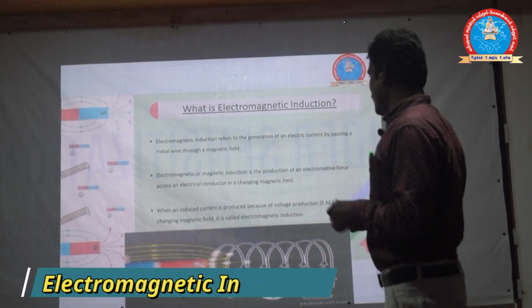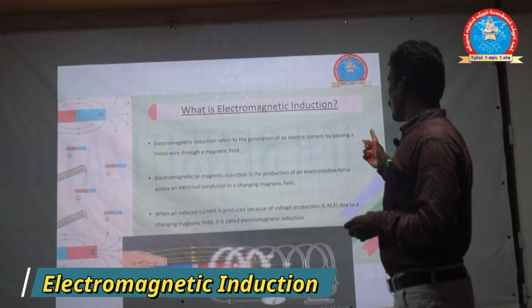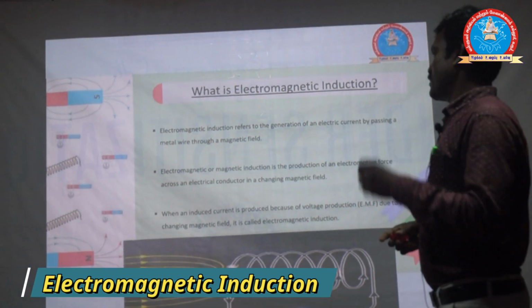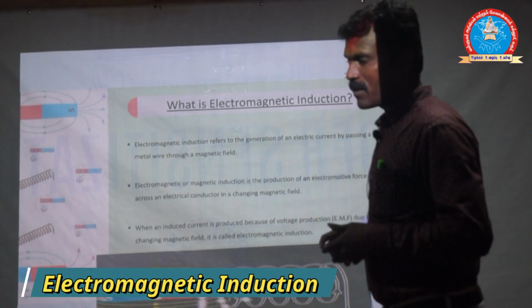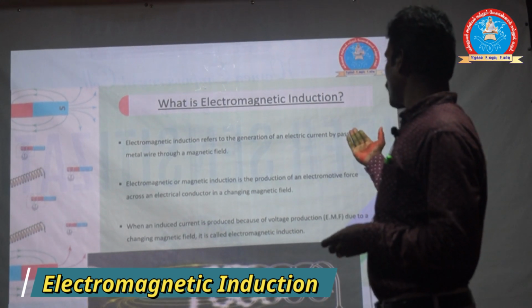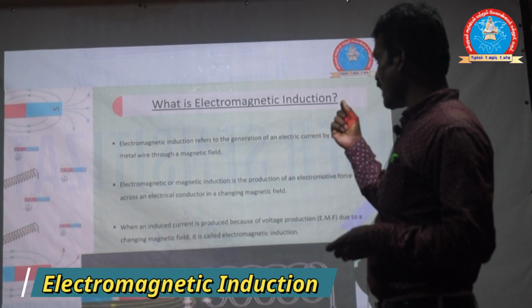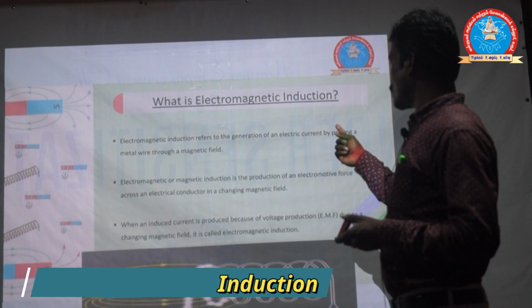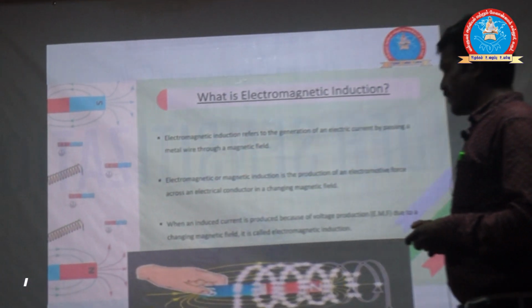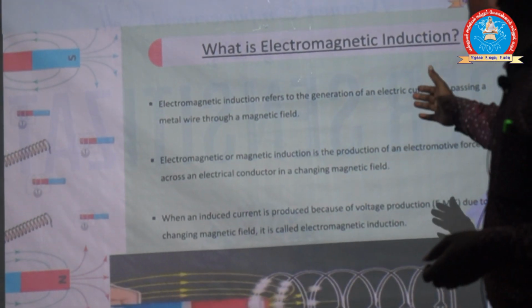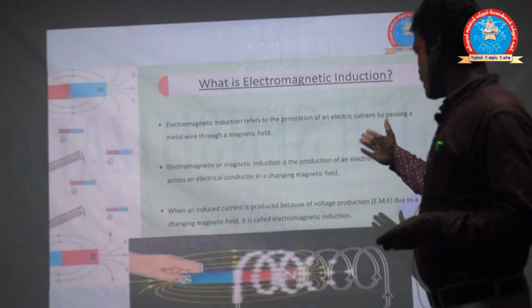Electromagnetic or magnetic induction is the production of electromotive force, EMF. EMF means electromotive force, across an electrical conductor in a changing magnetic field. We see the image below on this slide.